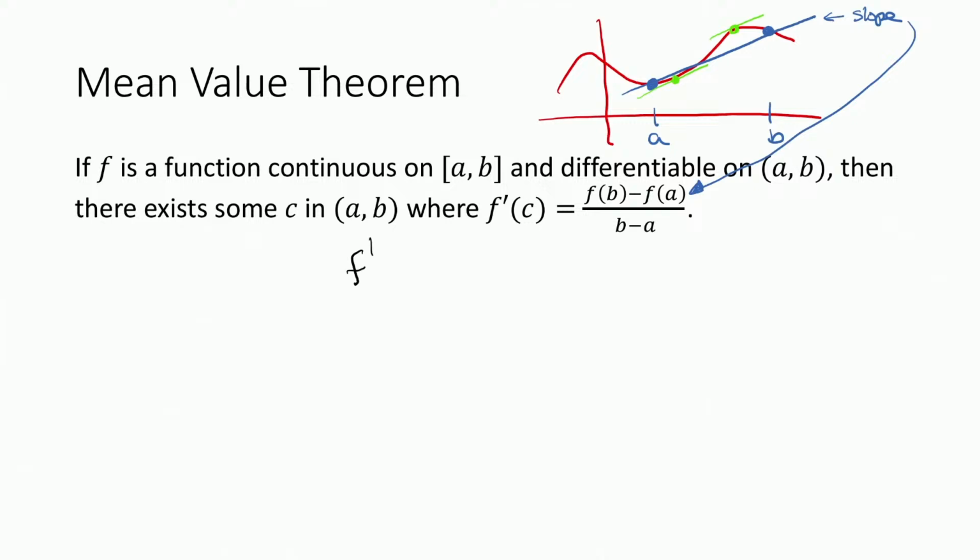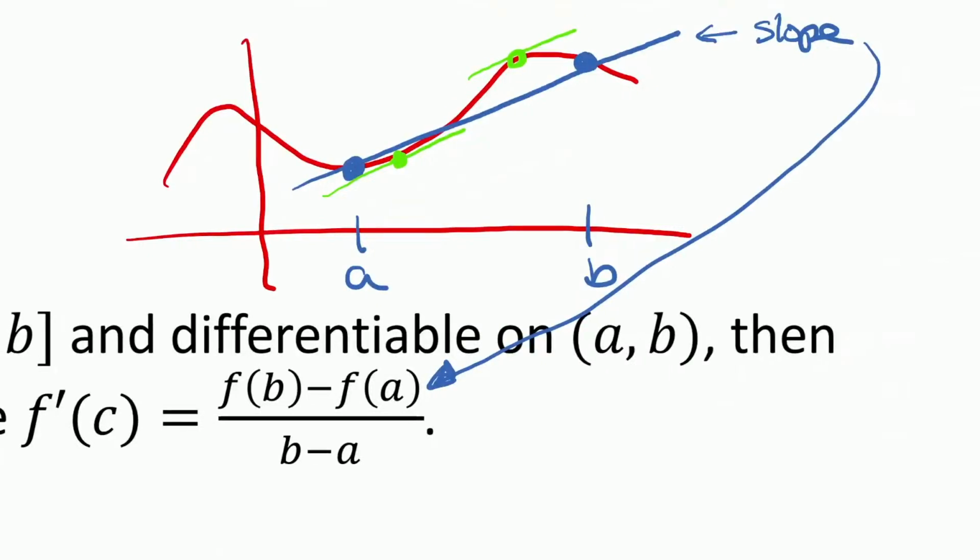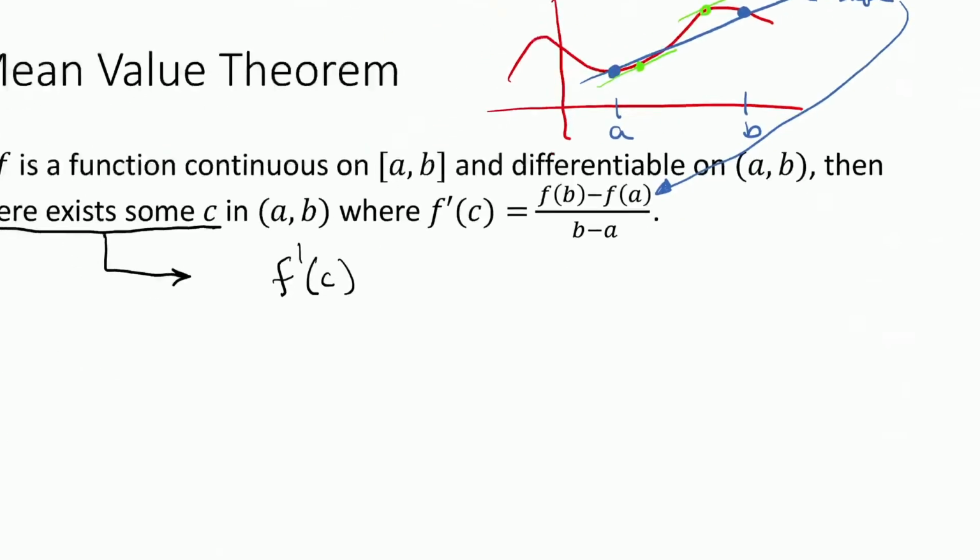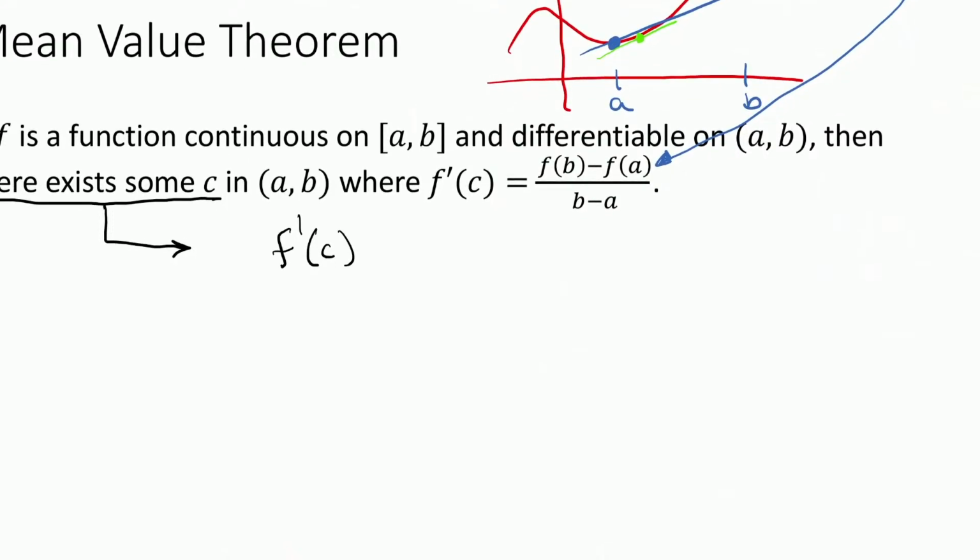We'll say that f prime of c, so there exists some value of c. Notice that it's going to be somewhere, we don't know where it is, somewhere in between. That's the key. So f prime of c, c is some special number that we don't know about, is going to equal f of x minus f of a over x minus a.